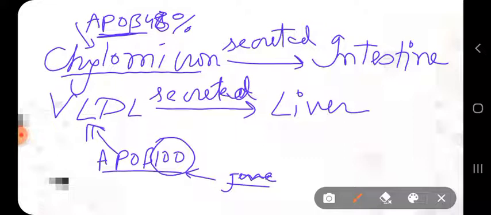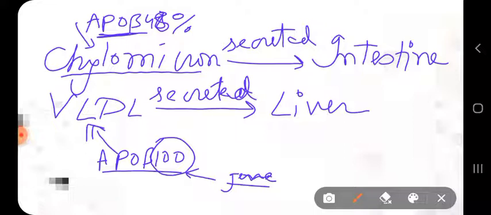Why so much difference? Who regulates this mechanism? Within the intestine, only 48% of the gene responsible for apolipoprotein B has to be translated, whereas in the liver, the whole apolipoprotein B gene has to be translated.